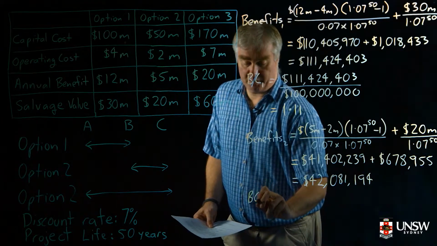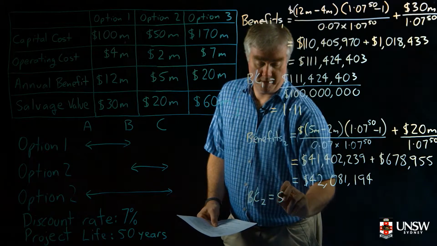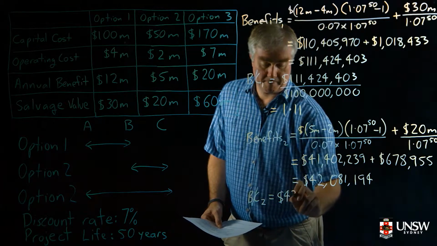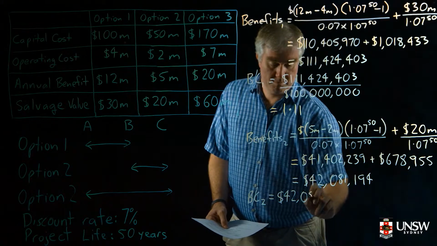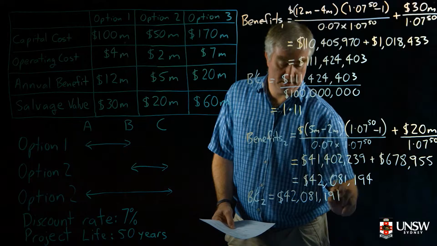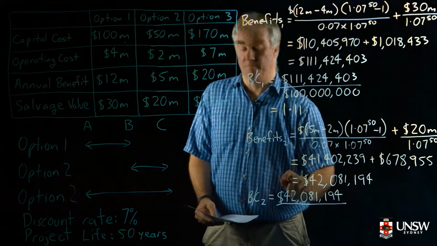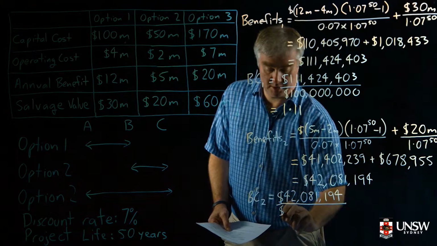So the benefit cost ratio for project 2 is equal to $42,081,194 divided by $50 million.